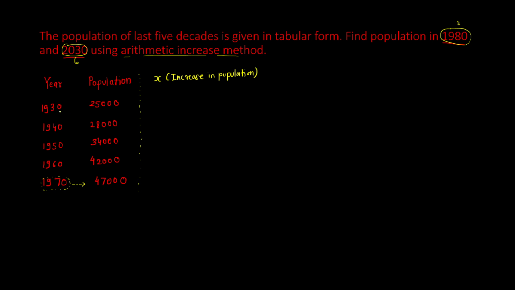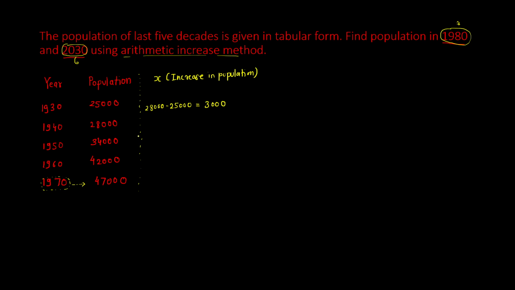Now from 1930 to 1940 the population has increased by how much? It was 25,000 and then in 1940 it was 28,000. So by 3,000 it has increased. We can find it like this: 28,000 minus 25,000 is equal to 3,000.